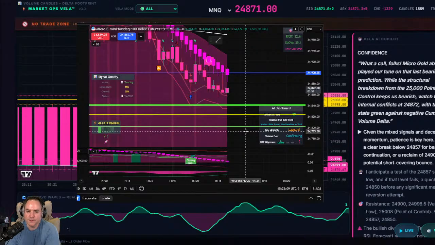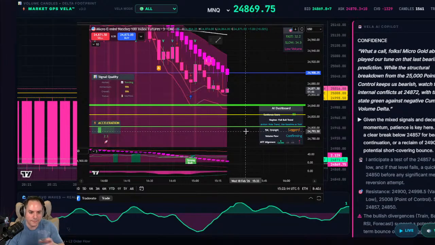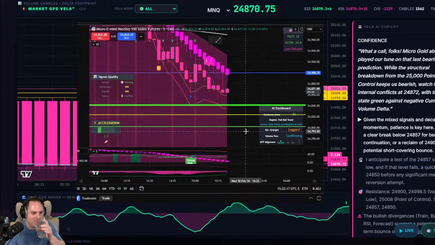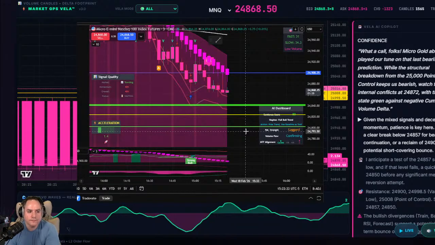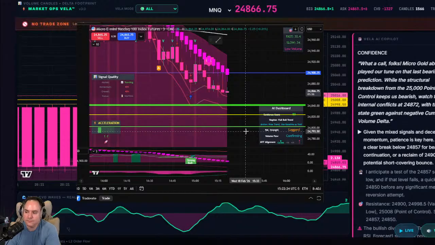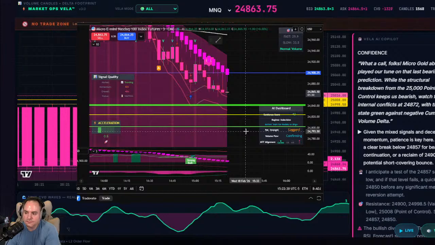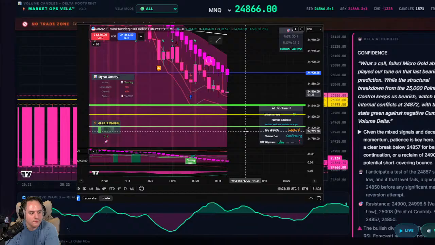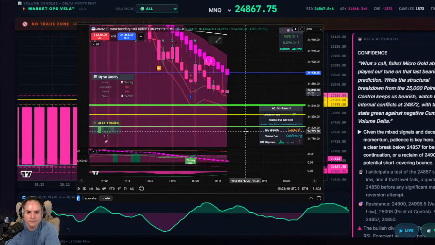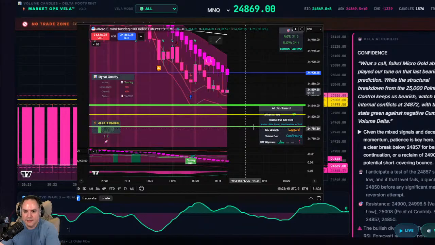Okay, so we're getting this push up here. Let's see what happens. You know, we can see the forecast bands here on the 3-minute.